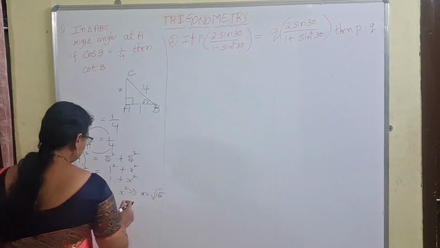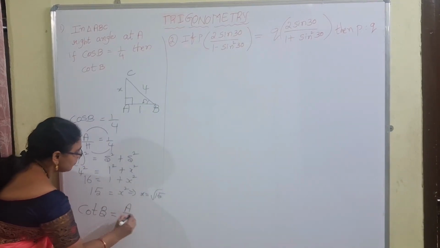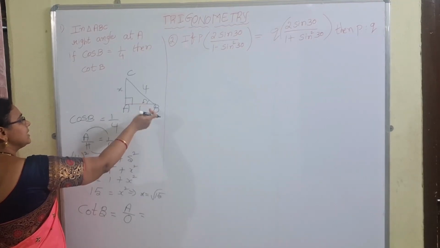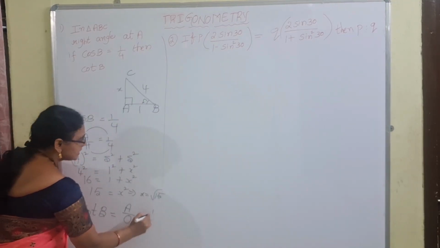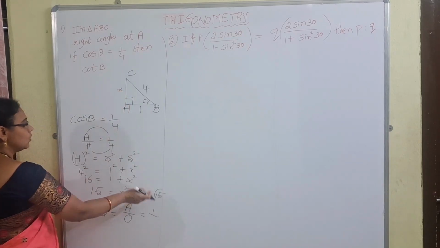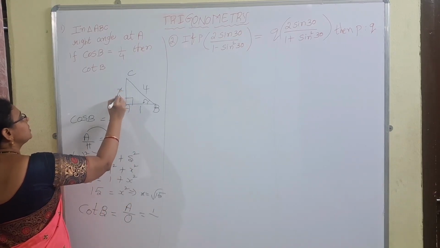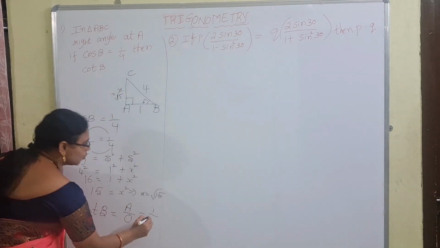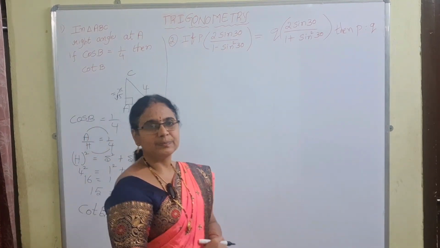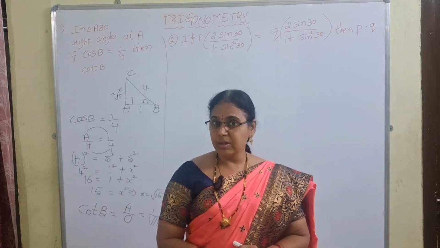So here cot B is adjacent by opposite. Adjacent basing on B is 1. Opposite means AC, and just now you got the x value, which is root 15. So 1 by root 15 is the answer. Did you understand? I hope you are clear.